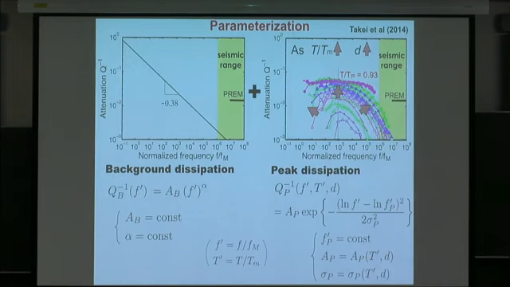So to complete this parameterization, we have to determine the form of peak amplitude and peak width as functions of homologous temperature and grain size.